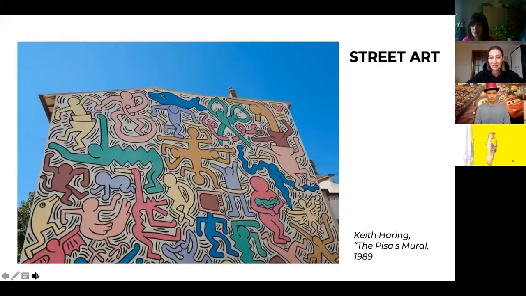And street art. Art came out of the walls of the galleries to become more public, to talk to people with a broader variety of questions. And this is a very famous mural made by Keith Haring. The question for you again, what famous street artist do you know who makes art pieces all around the world on the walls? Maybe you know his name?